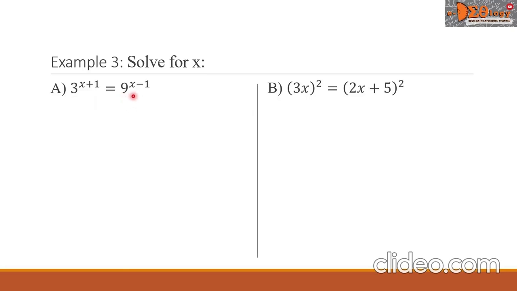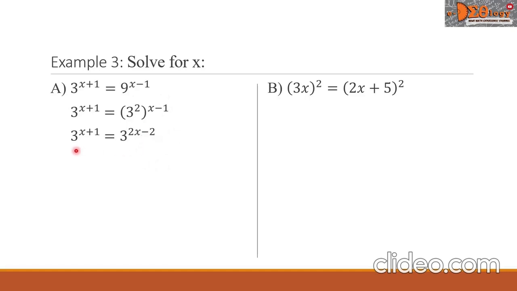But this 9 we can show as 3 squared. So the right side becomes 3 squared, that is raised to x minus 1. We can multiply these two with the binomial x minus 1. So the exponent of the right side becomes 2x minus 2.